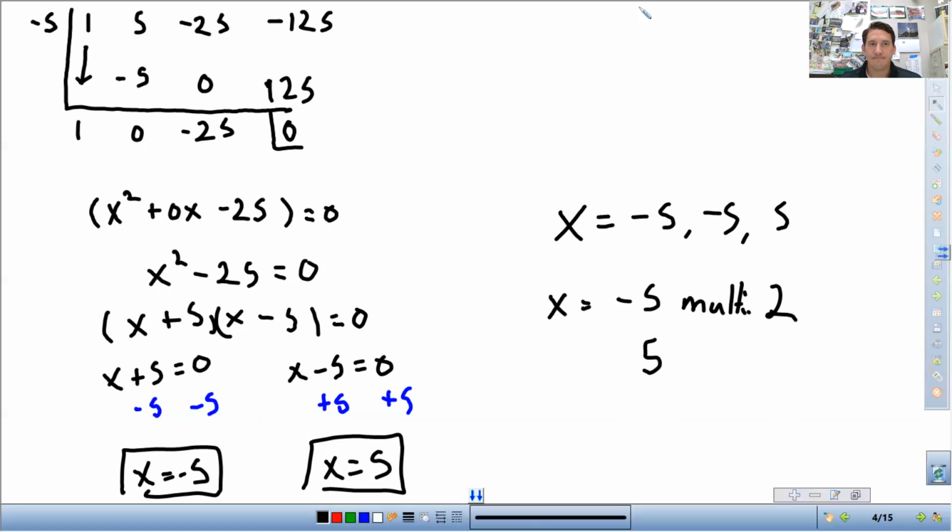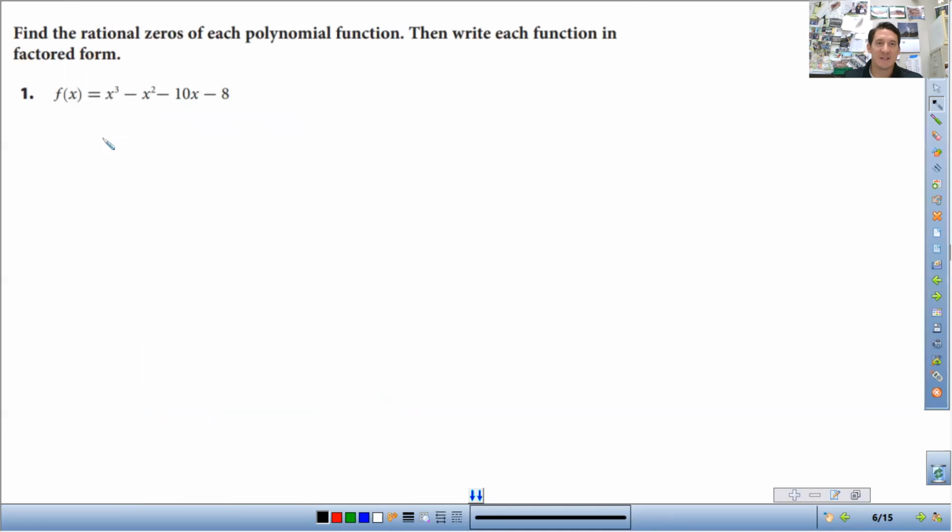All right. Let's look at an example where we're going to have to guess and check. We're going to find the rational zeros. So what we need is the factors of the first. This is nice because it's just 1 in front, but you take the factors of the front number.